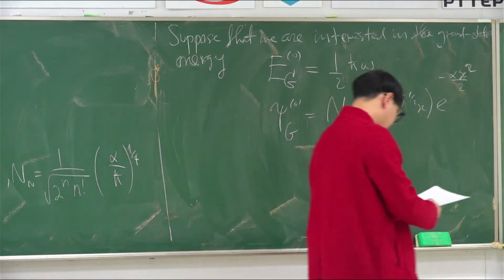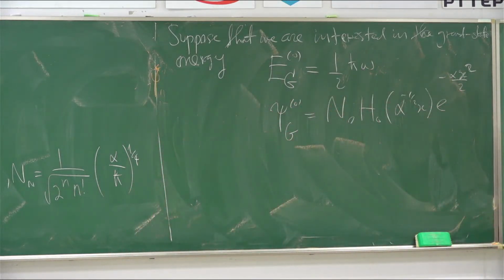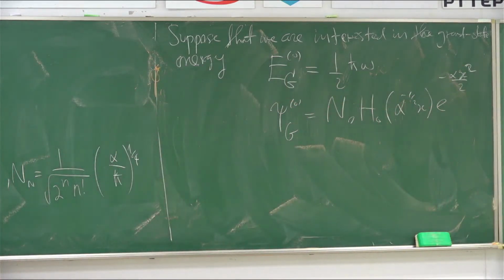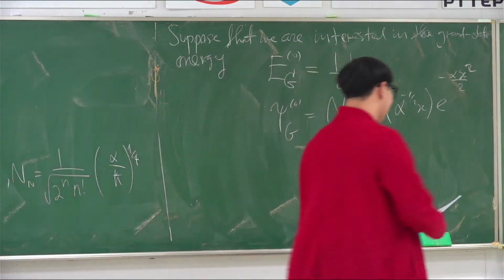Okay, so what we are going to do is compute the correction of the ground state from this term. Actually, you can do the correction of the higher term, but it's going to be very difficult, so we are not going to do that in the class.